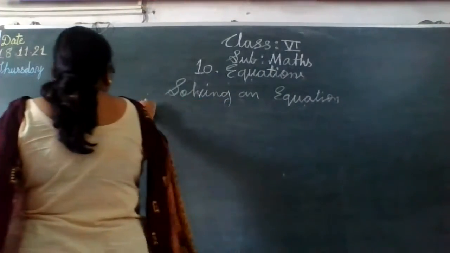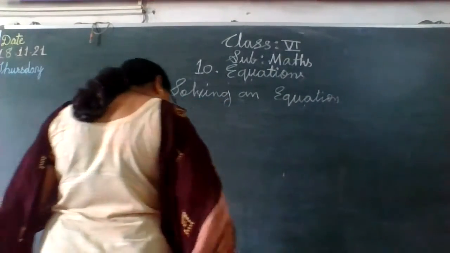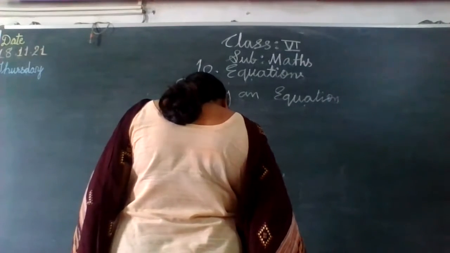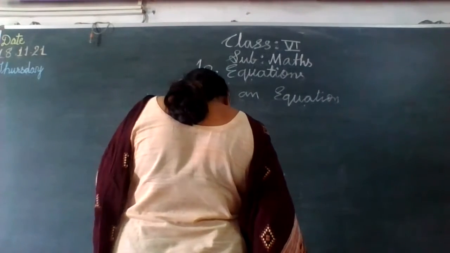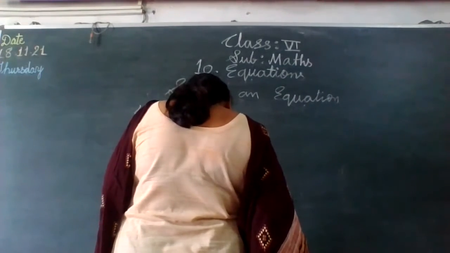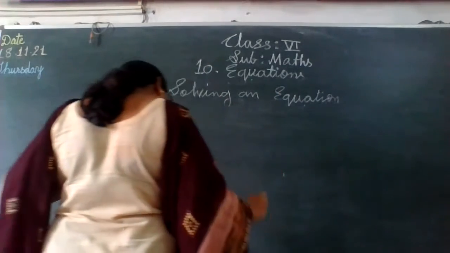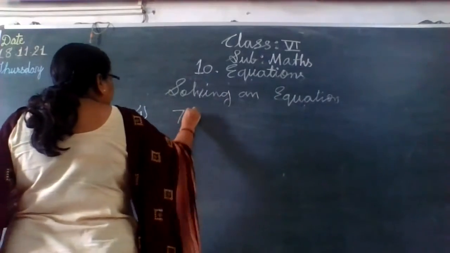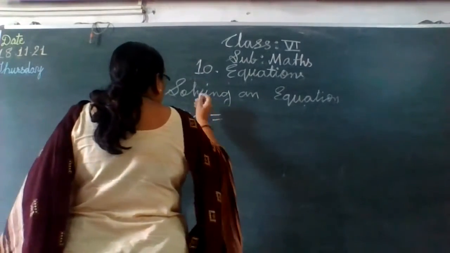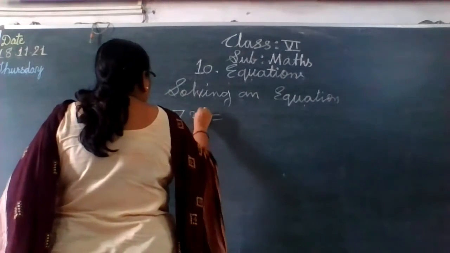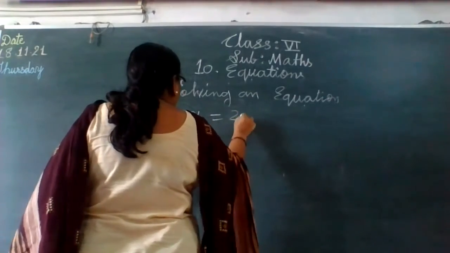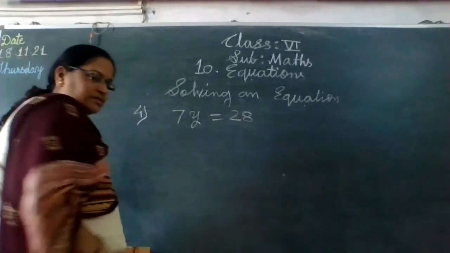Fourth question. 7x equals to, or here we can take 7y equals to 28.